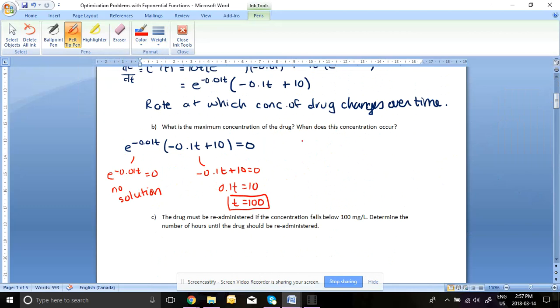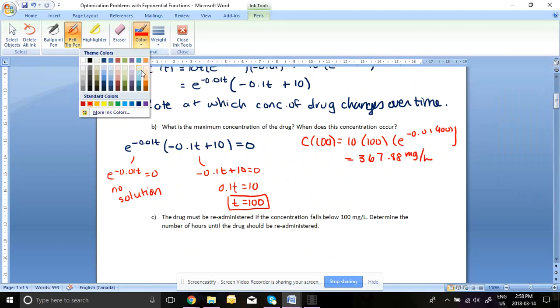To find what the concentration actually is, we put this back into the original function, not the derivative. We get 10 times 100 times e^(-0.01 times 100), and if you put that into your calculator, you get approximately 367.88 milligrams per liter.